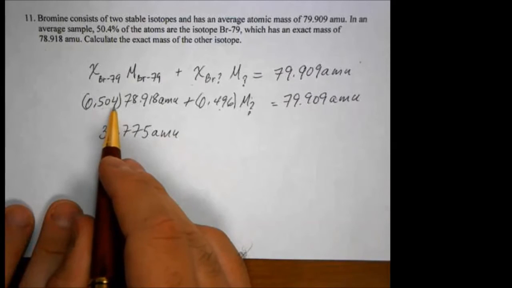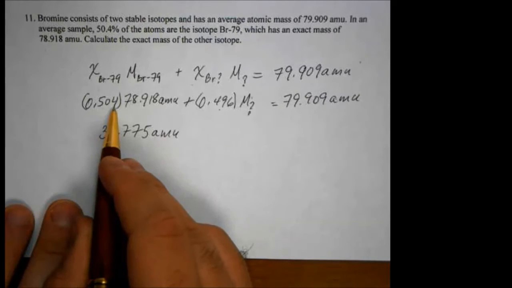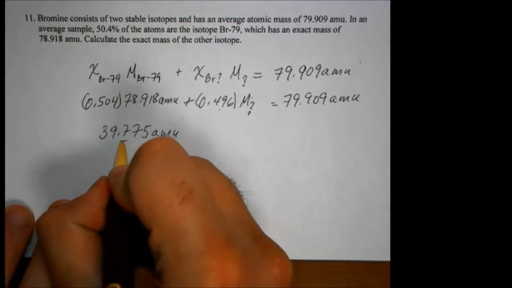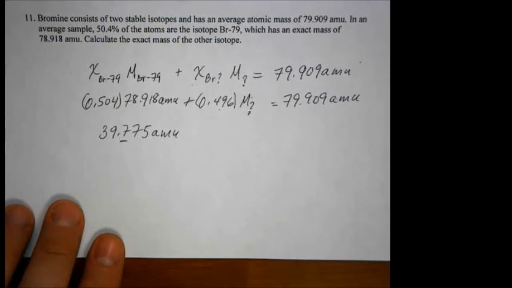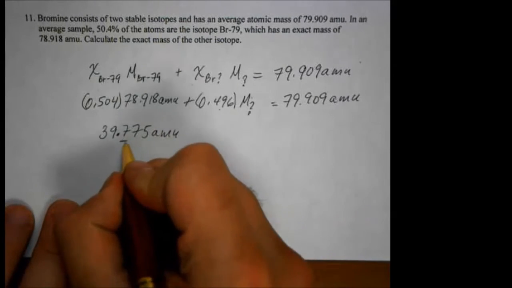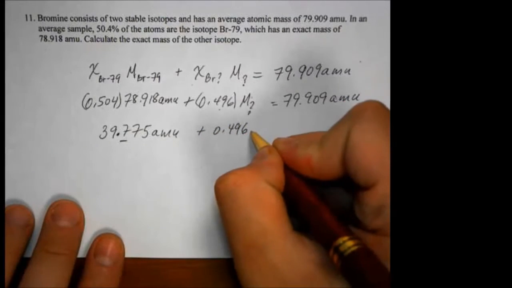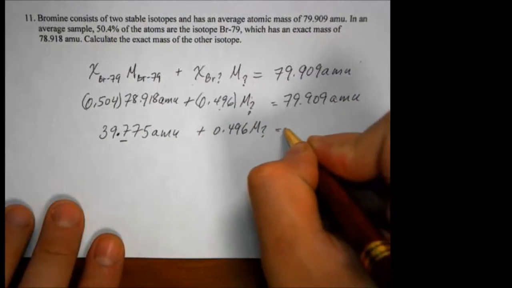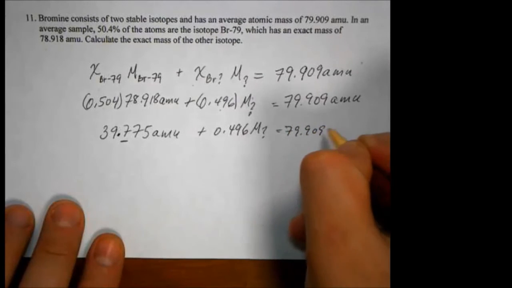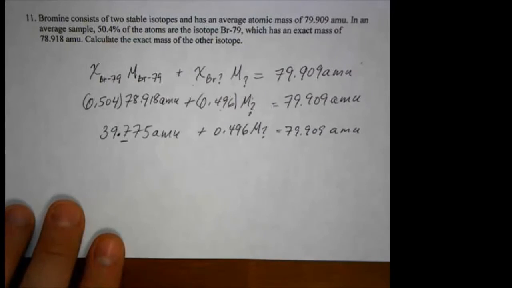With sig figs, the best we can do is 3 from this. So I'm going to mark this one with a 3 significant figure designator right there. And then we have our 0.496 times the mass of the unknown is going to equal 79.909 AMUs.